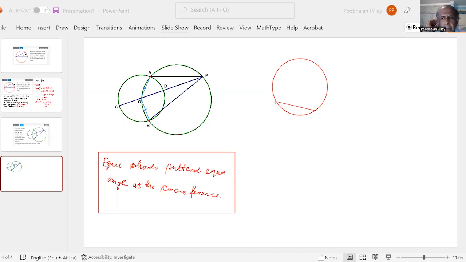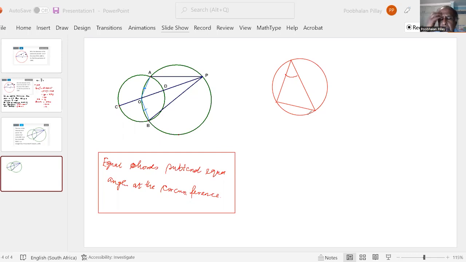Now, if you start from one end of that chord, like I'm doing now, and go up to any point on the circumference, and then from that point you go to the other end of the chord, what happens is that you have an angle formed, this angle here. So when you go up here and you come down, there's an angle formed. This angle here is said to be the angle subtended by that chord which we started off with.